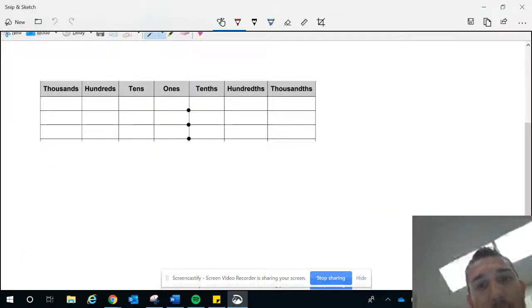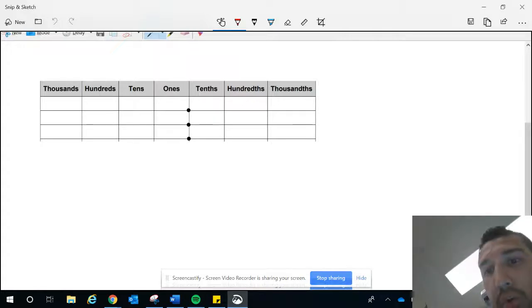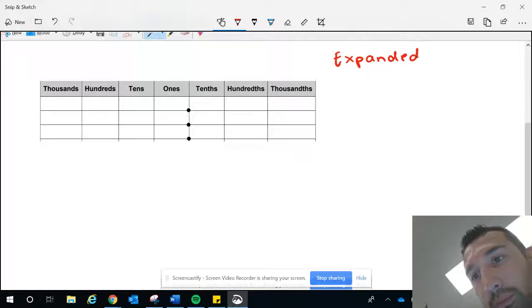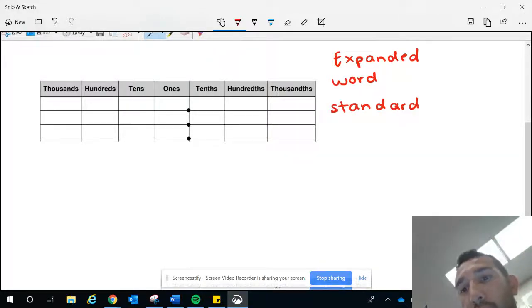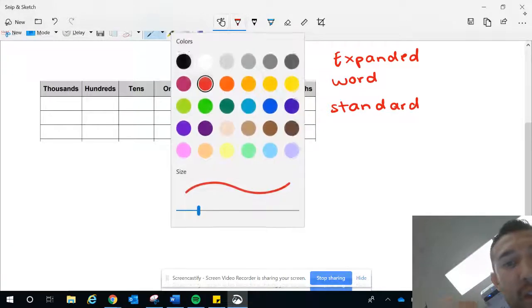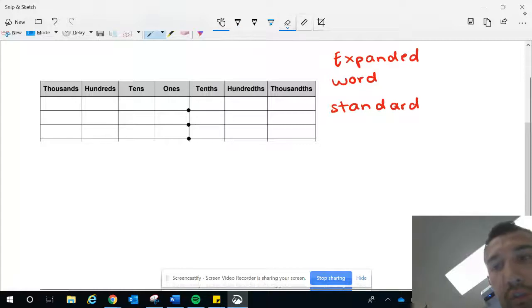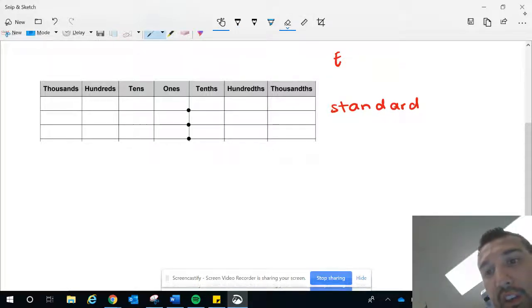Again, the learning goal said expanded form, word form, and what was the one more? Standard form. So these are the three forms that we worked on. What I'm going to focus on right now is standard form.